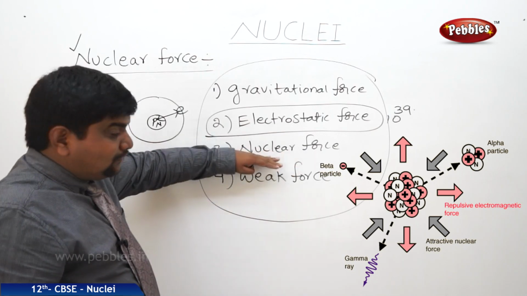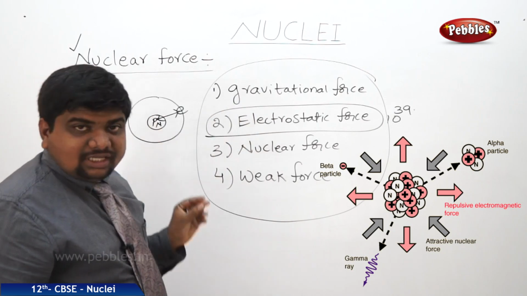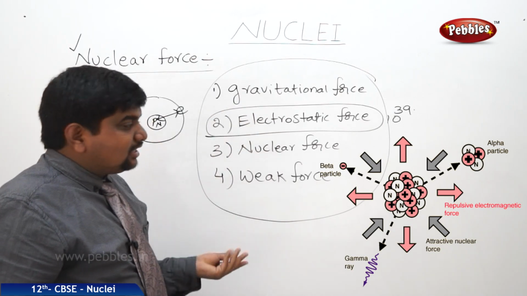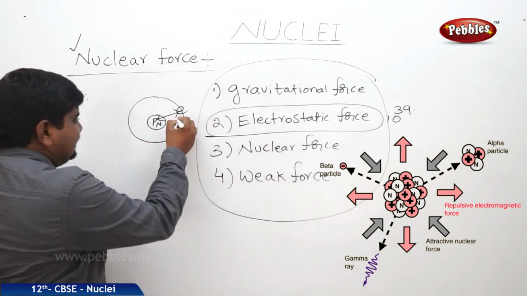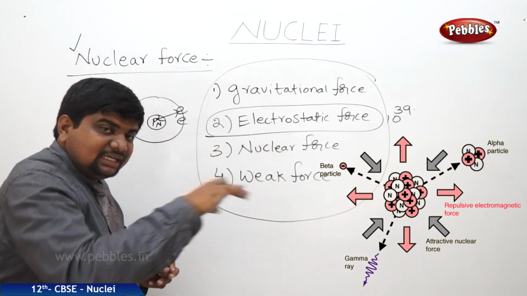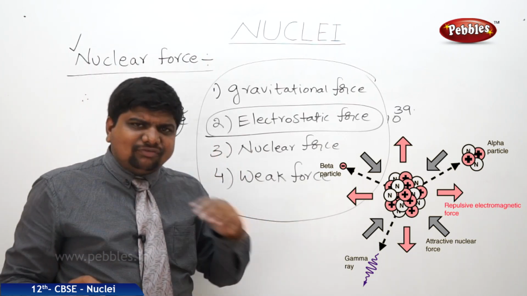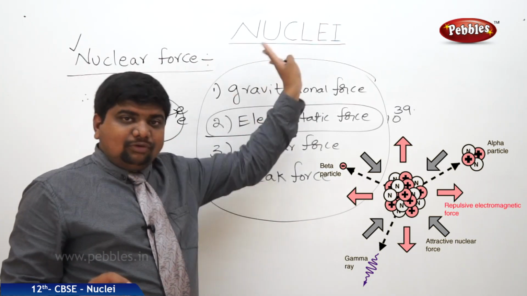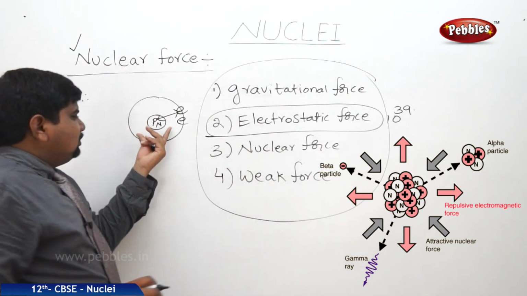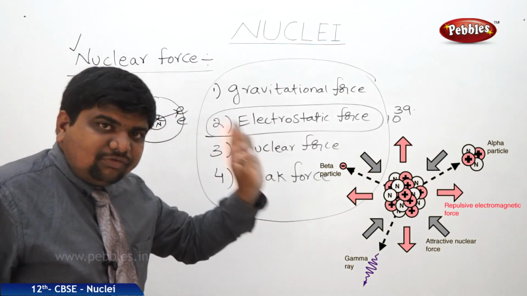That's why it can overcome the gravitational forces, the electrostatic forces, and the repulsion between protons inside the nucleus. So it can overcome any of the forces stated above. That's why the nucleus is stable, because of the binding of nuclear forces.